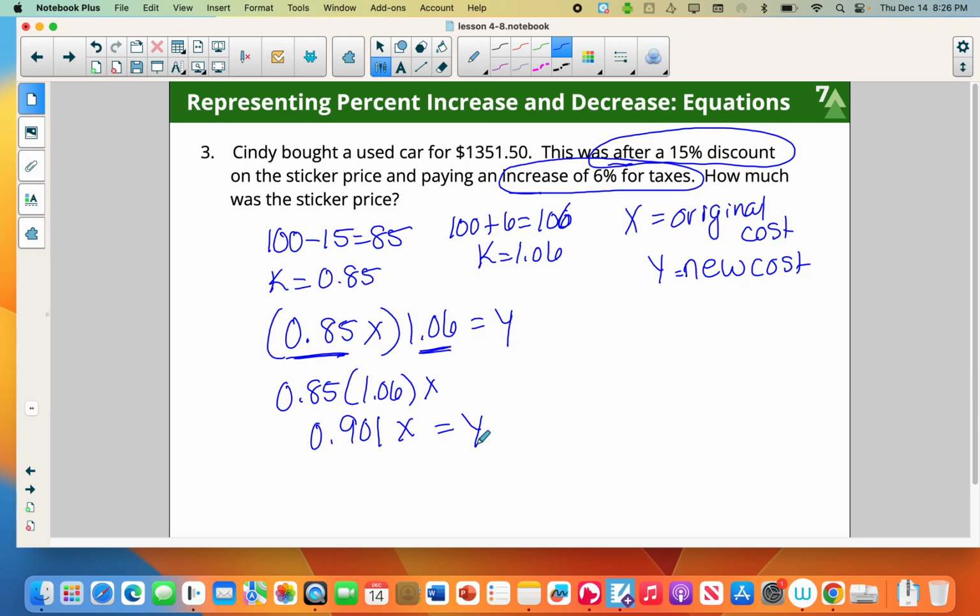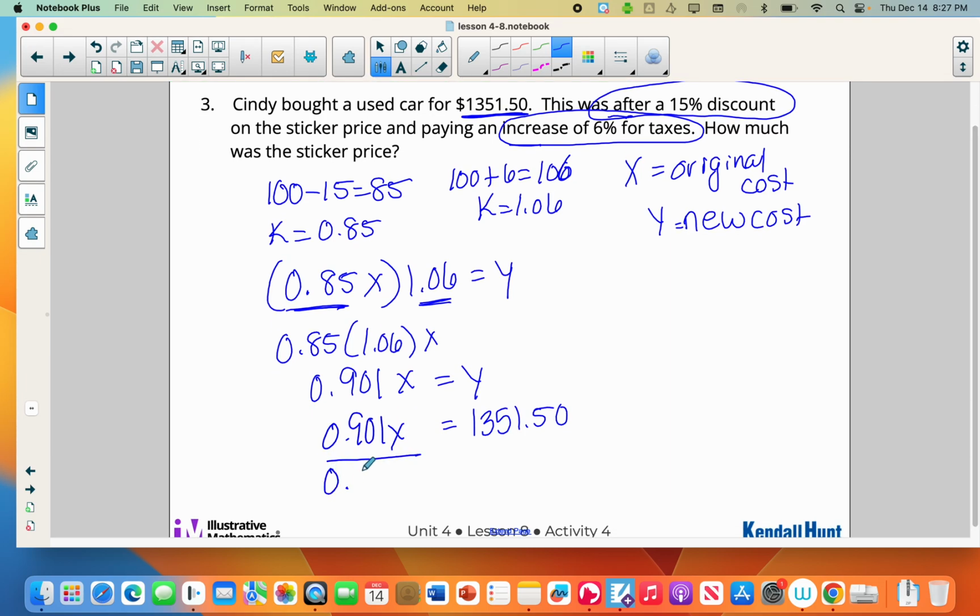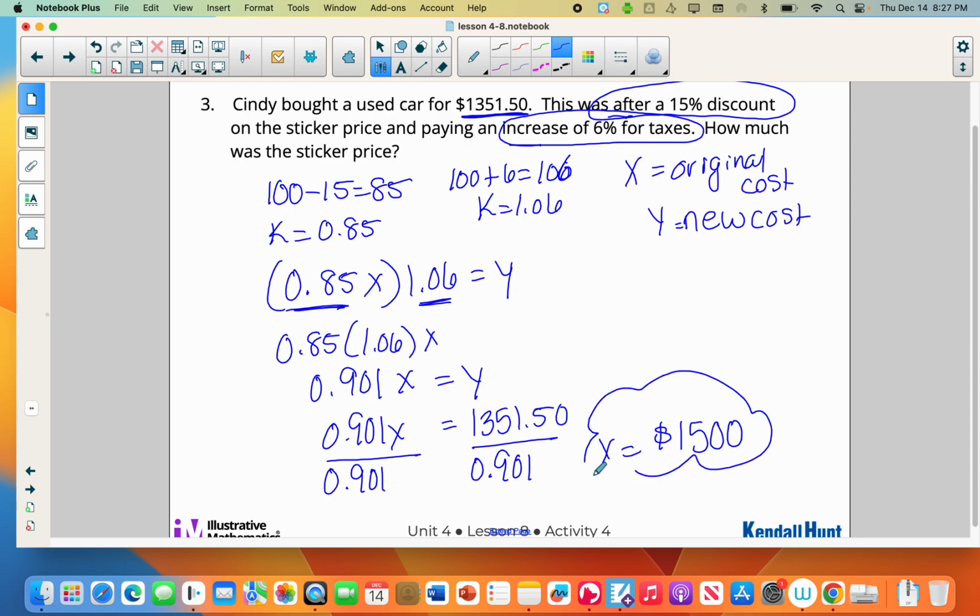And then the price that we were given is the new cost, the y value. And we can divide both sides by 0.901. And we end up seeing that Cindy's car originally cost $1,500 before the discount, before the taxes.